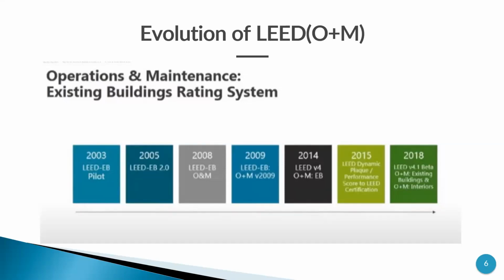In 2014, again, version 4 O&M existing buildings. In 2015, it is the LEED Dynamic Plaque Performance Scorecard for LEED certification. This is a common thing. But generally, either we go for LEED version 4 or version 4.1. In 2018, it came up as a beta version. Now they are directly implementing version 4.1, and projects are getting certified.